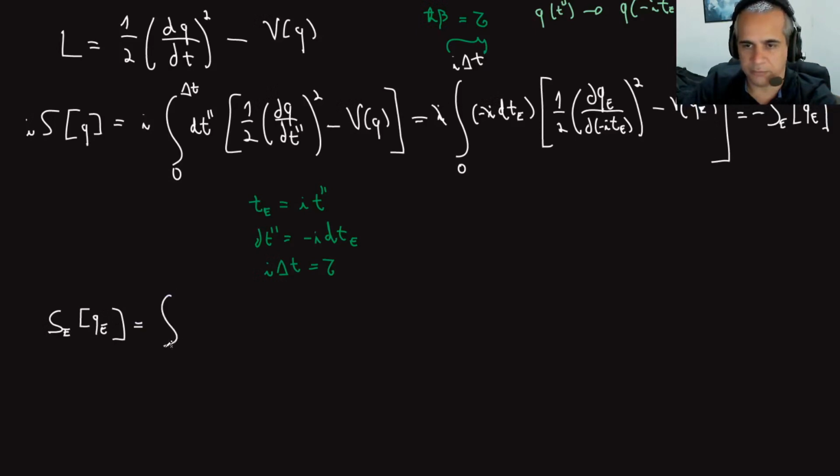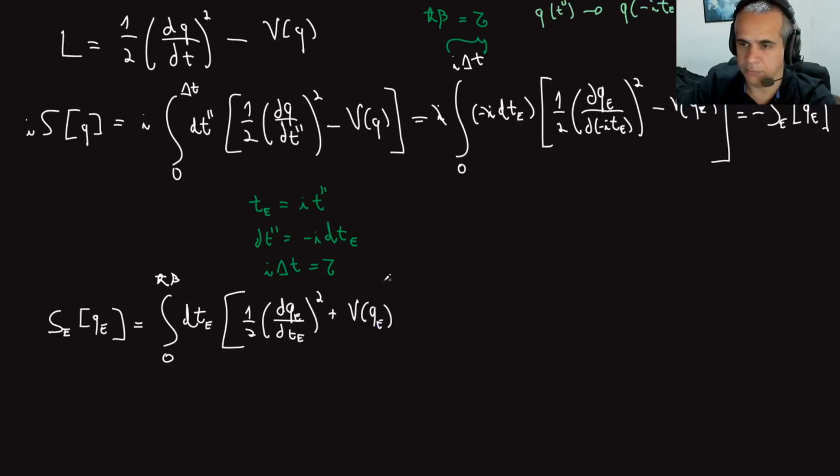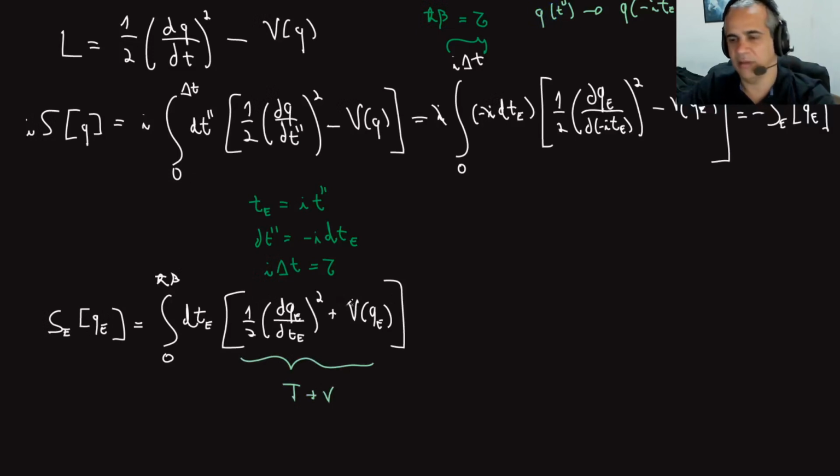So I end up with an integral from 0 to h bar beta dt Euclidean of half (dq_E/dt_E) squared plus V(q_E), which, if you pay attention to it, is kinetic plus potential energy.